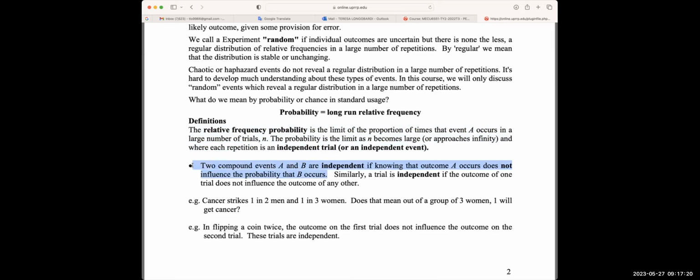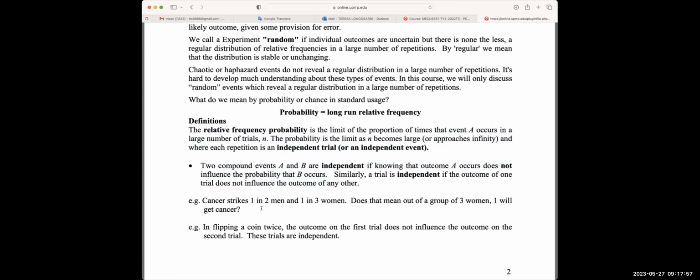So if you're looking for, let's define A as a head on a first flip of a coin, and B as a head on the second flip of a coin, then knowing that A resulted in a head does not influence the probability of getting a head on B. And I'm talking about influence, I'm talking about the probabilities not changing from incident to incident.